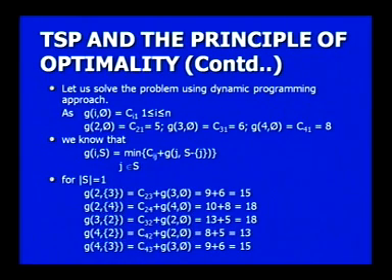G of i comma S, where S is a set of intermediate nodes, is nothing but the minimum of C of i comma j, the cost of the path from i to j, plus G of j comma S minus j.